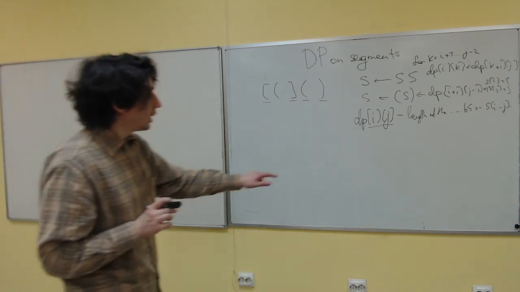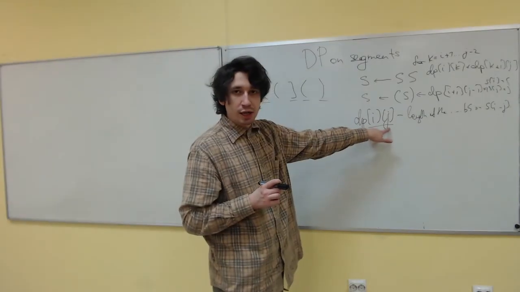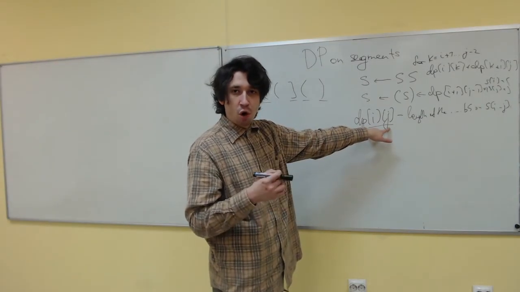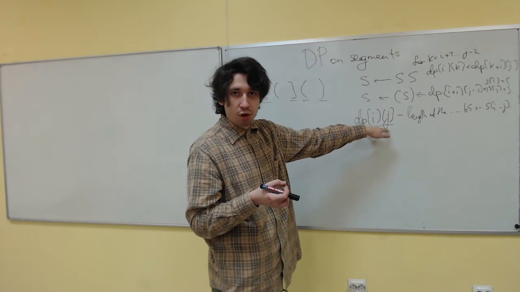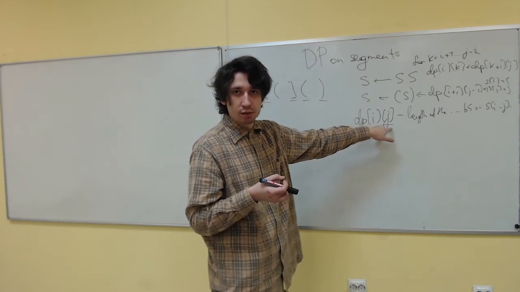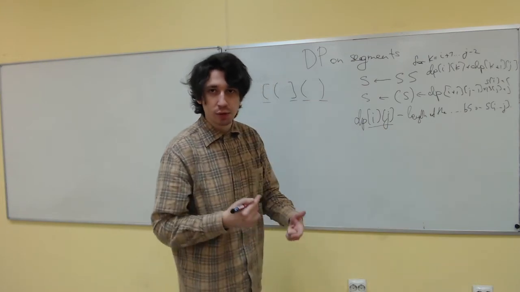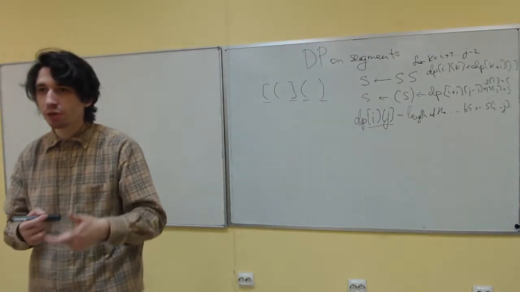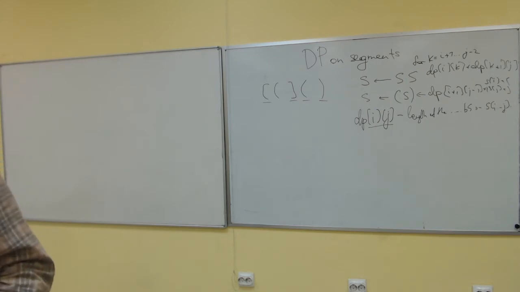So, if you want to calculate ij, we should know all the answers for all the strings that are inside it. So what will be the right order to iterate over these substrings, subsegments?